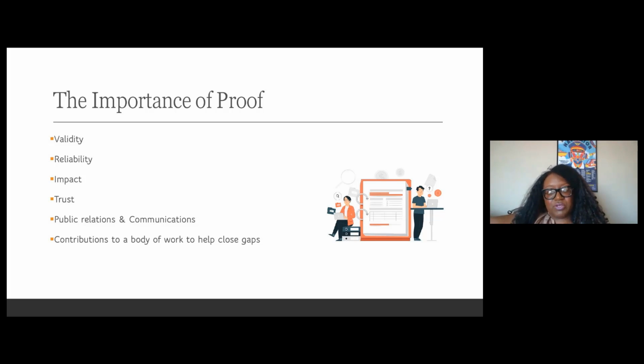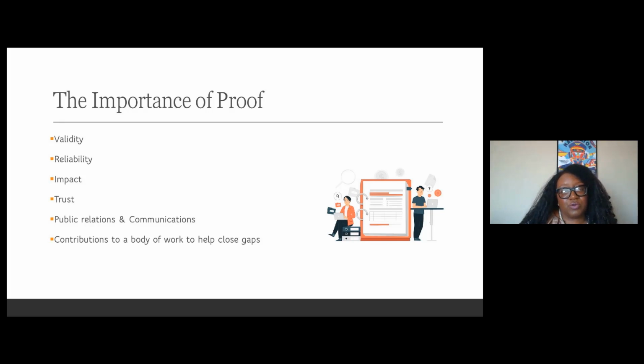You might want to put it in your weekly newsletter, like where you're at, what you've achieved, what your next step is. Or you can put it in your monthly newsletter. So just think about, again, what those needs are for communication.